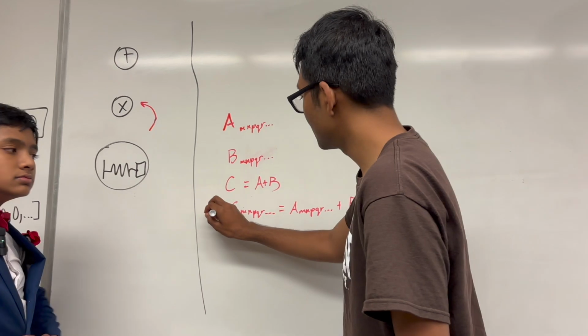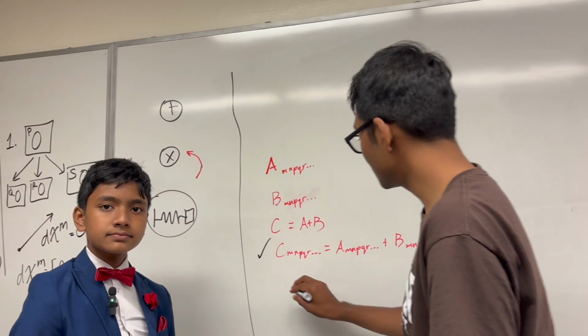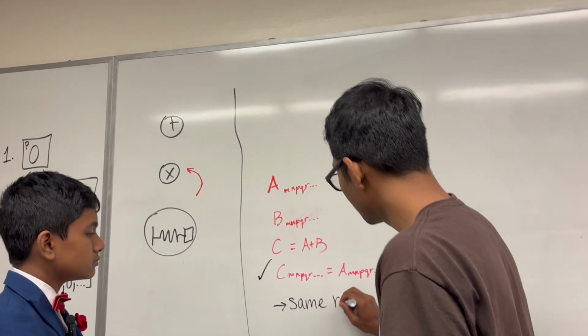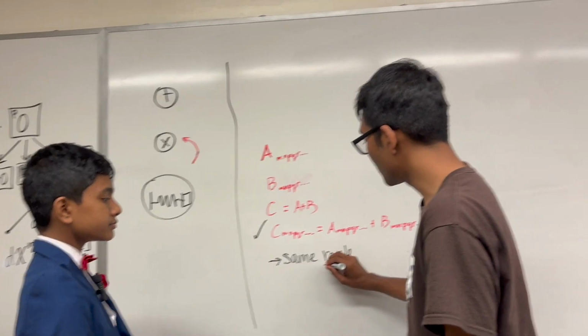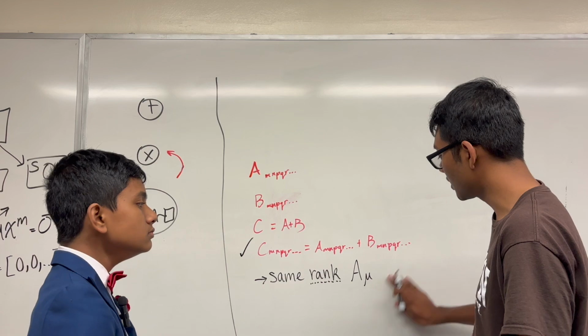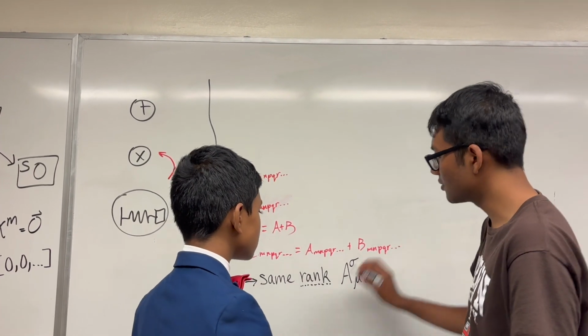Exactly right. So if you want to add two tensors, that means they have to be the same rank. Rank is just the number of indices that the tensor has. For example, this is a rank 1 tensor, this is a rank 2 tensor, this is a rank 3 tensor, and so on.